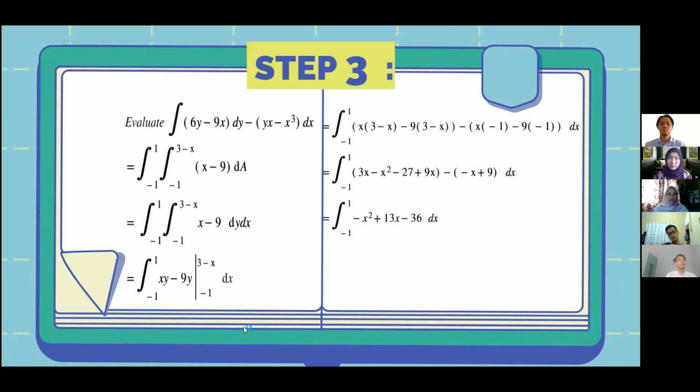We know the inner integral is with respect to y, so we integrate in terms of y first. After that, we got xy minus 9y from the limit -1 to 3 minus x, dx. And then we get negative x squared plus 13x minus 36 dx.